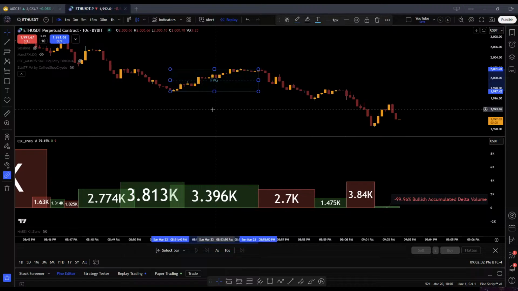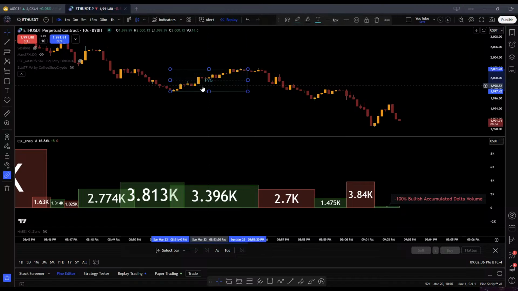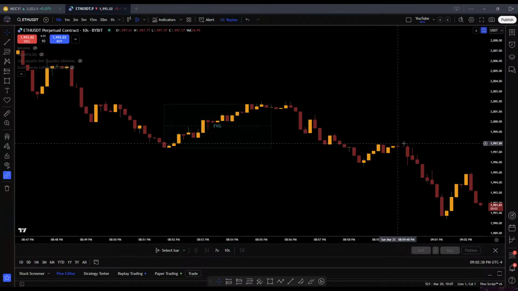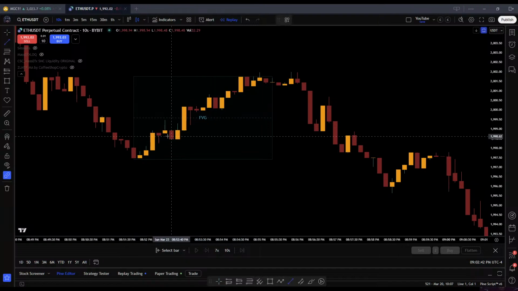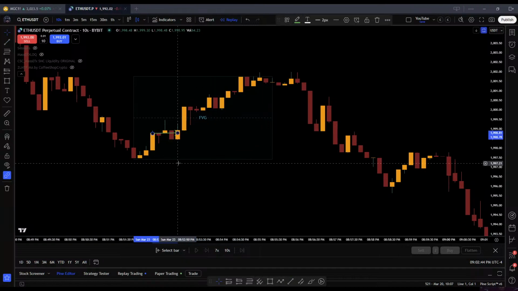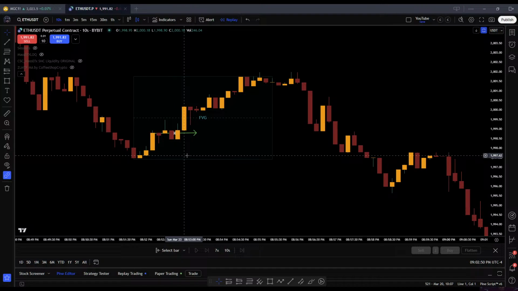It'll actually draw from a low to a high, and inside of here it would mark out the close of the candle, where the delta was. I thought about putting a value there, but that didn't really seem to work out.